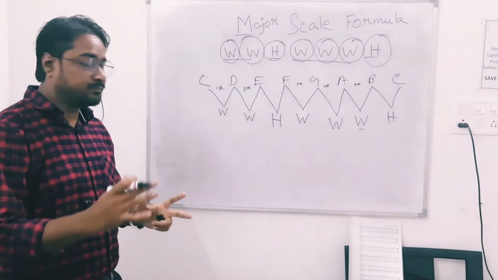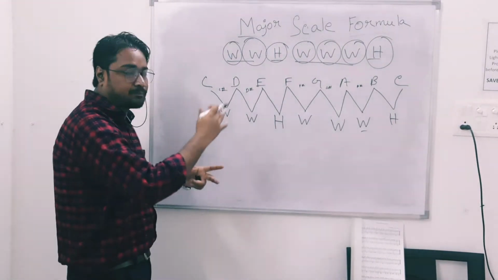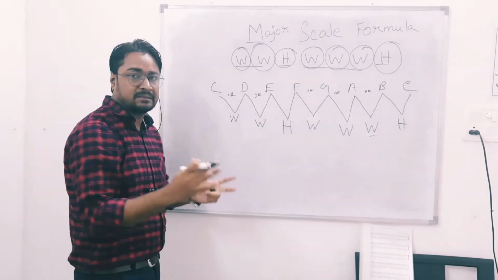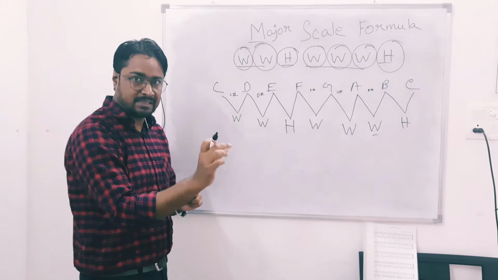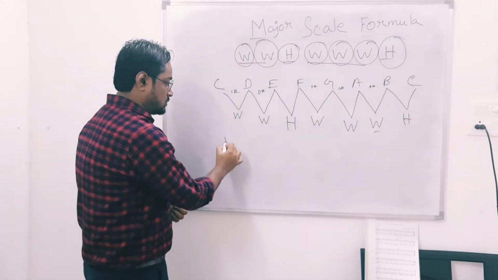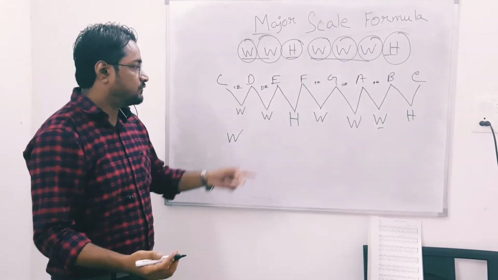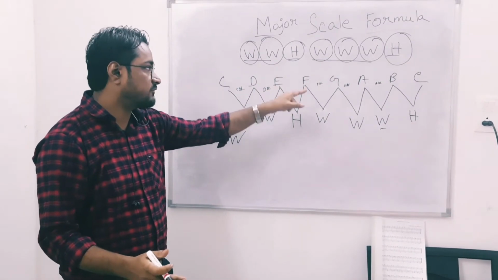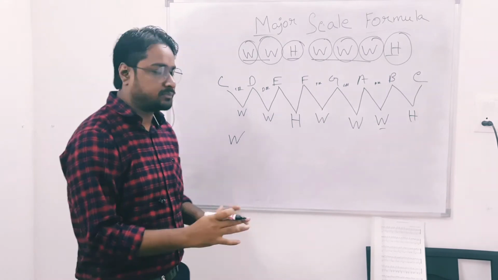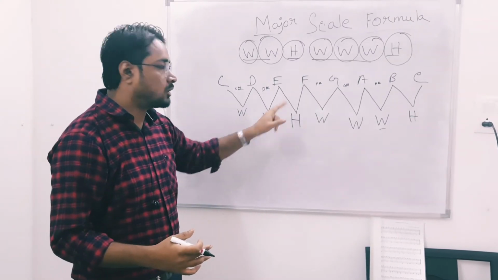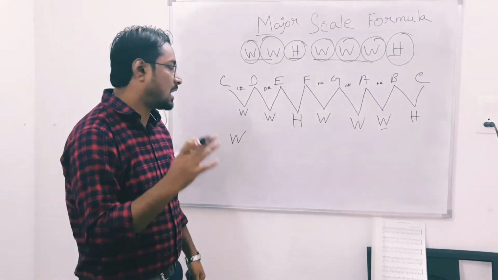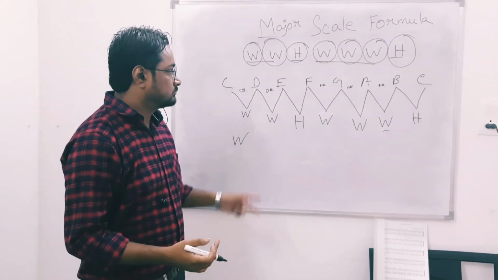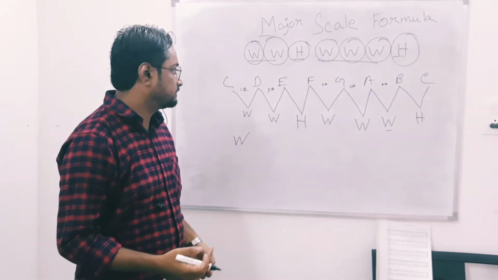The simple rule is when we have to skip the middle note, like C sharp between C and D or D sharp between D and E, that is the whole step or whole tone. And when there is no note in between, like E to F or B to C, that is called a half tone or half step, sometimes a half note. So this is the formula of the major scale.